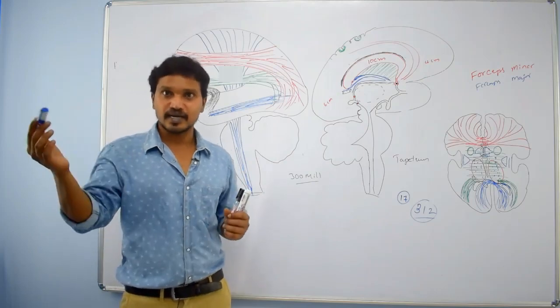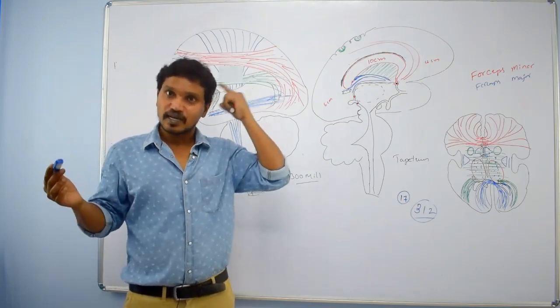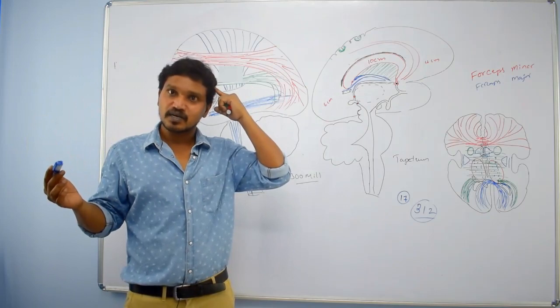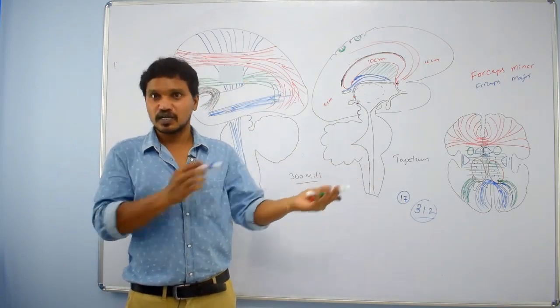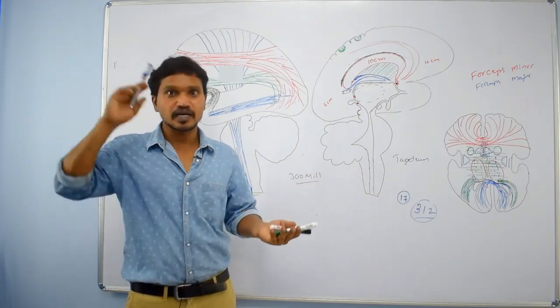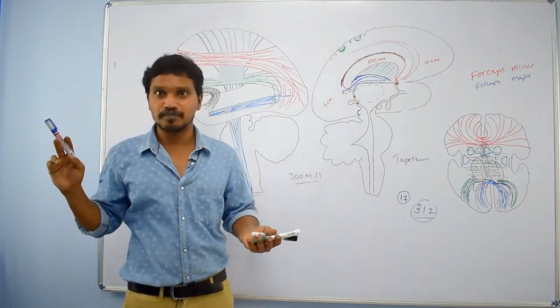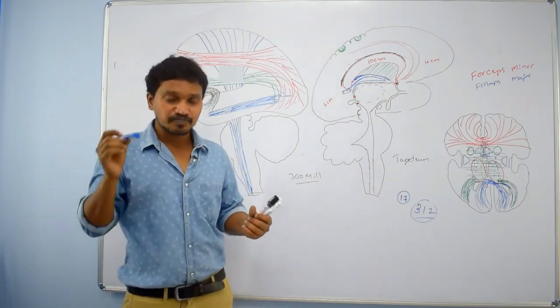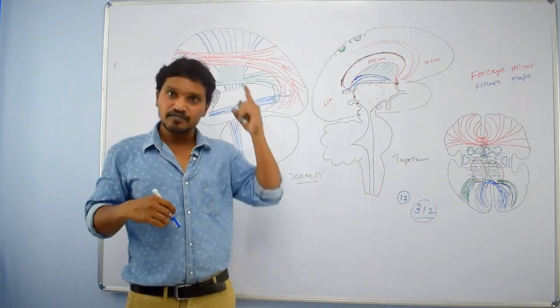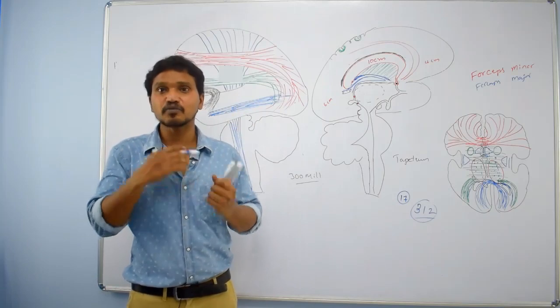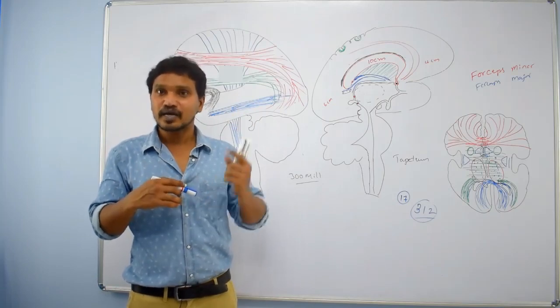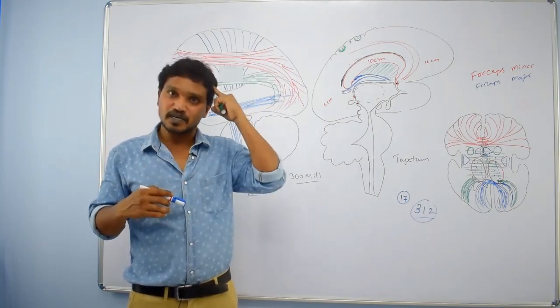See, I am a right-handed person, so my left cerebral hemisphere is the dominant hemisphere. Of course, if anyone is left-handed, for him the right cerebral hemisphere will be dominant. Right? So for me, the left cerebral hemisphere is dominant. Actually, this learning process will be confined to my left cerebral hemisphere.